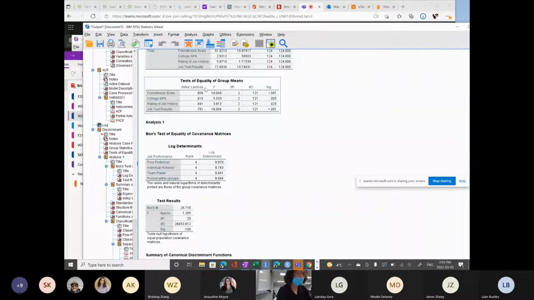So this lambda, Wilks' lambda, it is like R square, okay? We hope the bigger the lambda value, the better we will predict the results. So exactly what Wilks' lambda measures, it measures the differences among the means, right? Differences among group means.